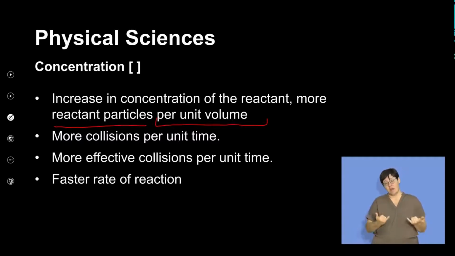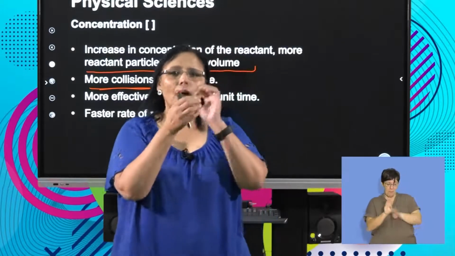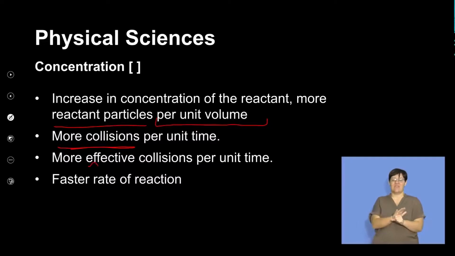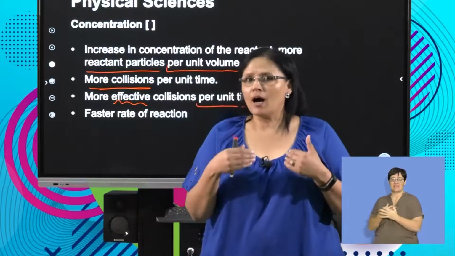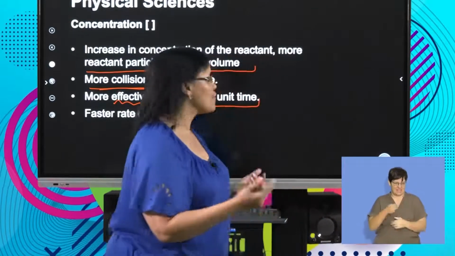So there will now be more collisions, so there will be more bumping per unit time. And if there's more bumping per unit time, there's a possibility of more effective collisions per unit time. And when we have more effective collisions per unit time, it basically means that we have a higher rate of reaction. The reaction is now faster.